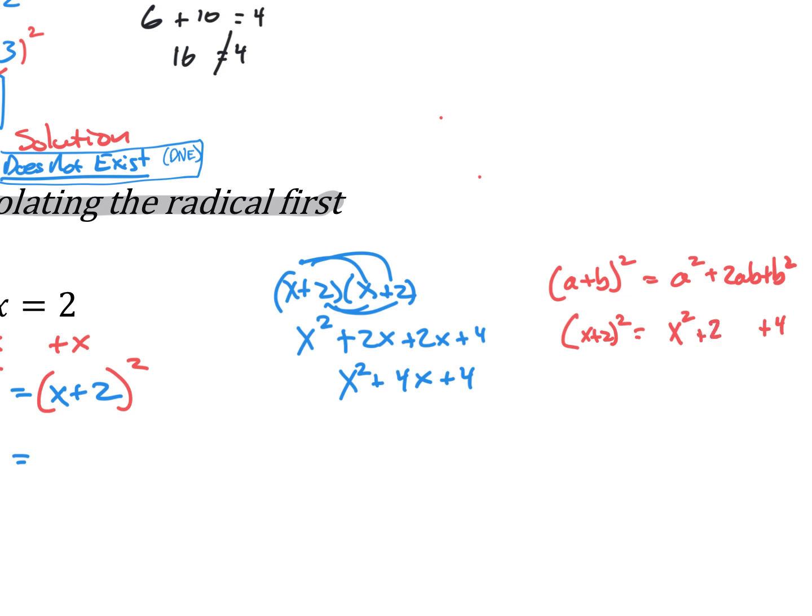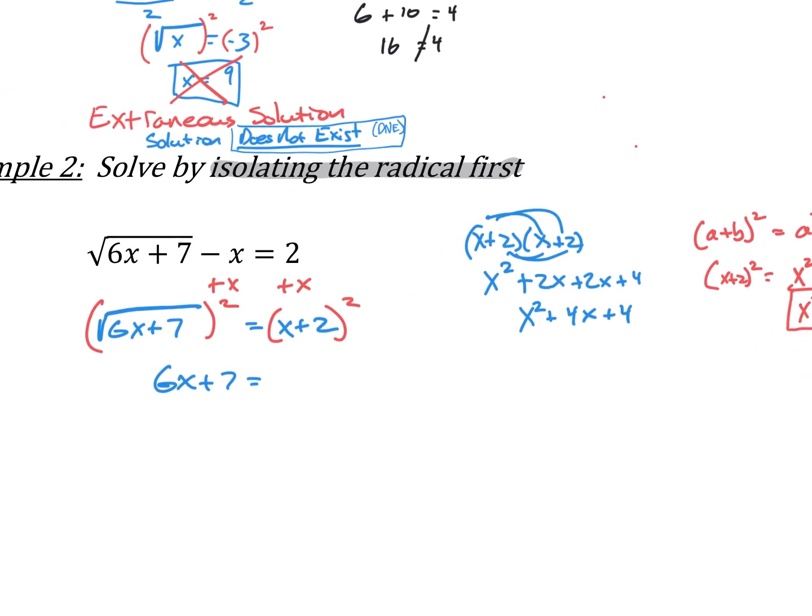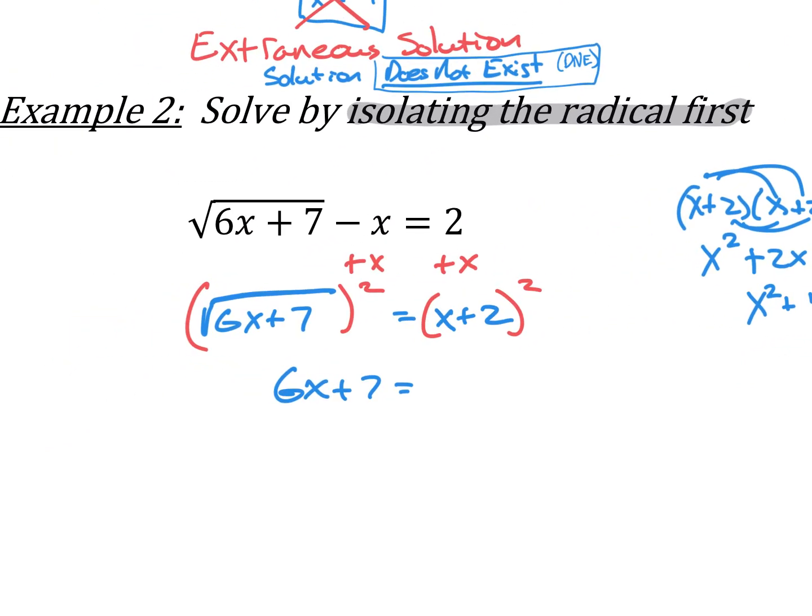So I'm going to write that as 2 times 2x. And so in the end, we end up with x squared plus 4x plus 4. Now you might say, well, that's not much less work. But it's going to help us to start to remember that rule. All right, so we end up with x squared plus 4x plus 4.